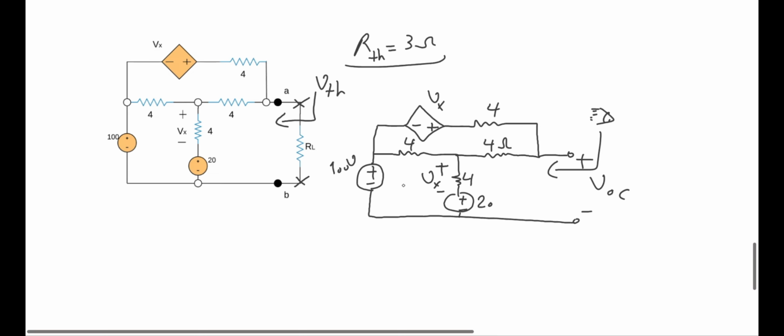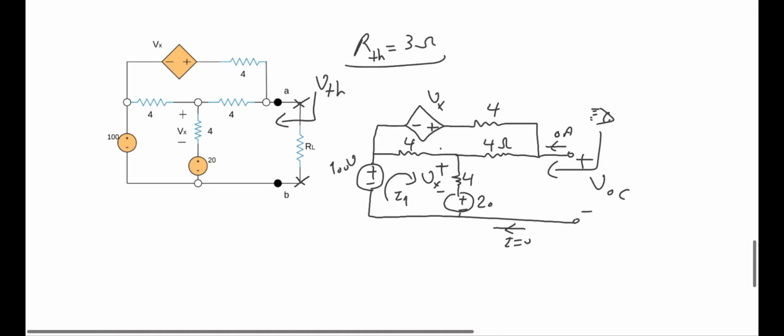By looking at this circuit, the first thing that comes to my mind is that the current of this branch is 0 because the circuit is open over here, and the same for here. There is no current here, no current here. So I have 2 loops. I would consider writing KVL.